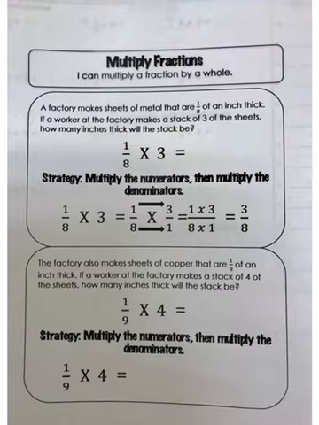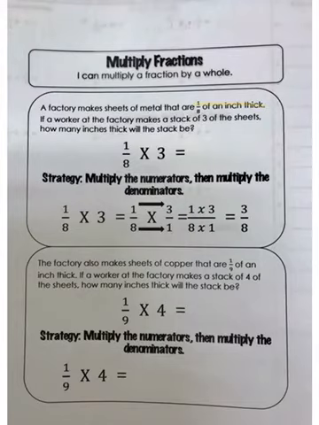Now that we understand that a whole can be written as a fraction, we are going to take our first step in learning how to multiply fractions using an algorithm. So let's look at number 1 up here at the top, and let's read our word problem to understand the context of the question. It says a factory makes sheets of metal that are 1/8 of an inch thick.